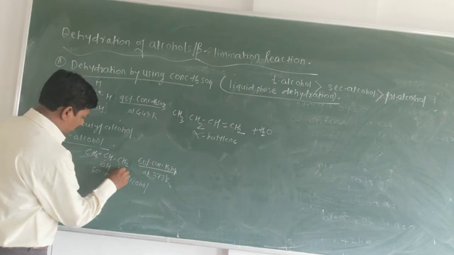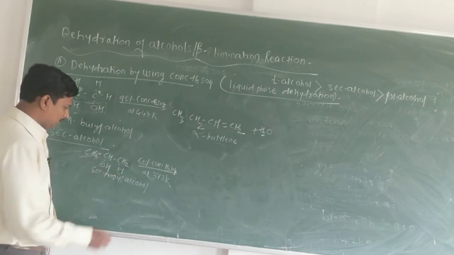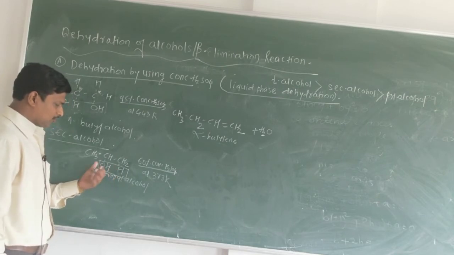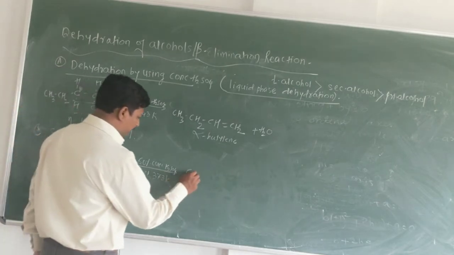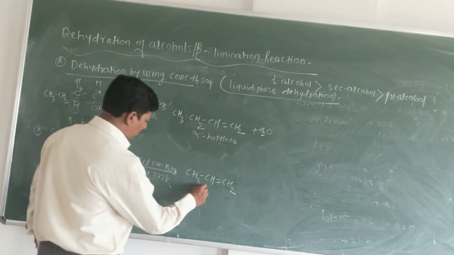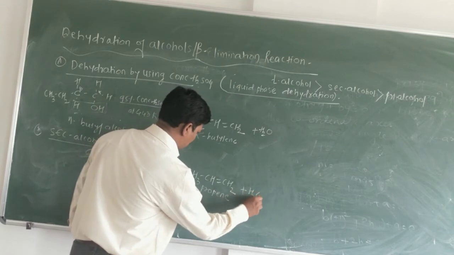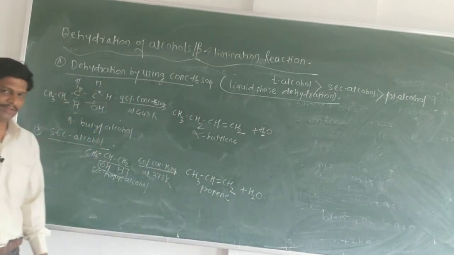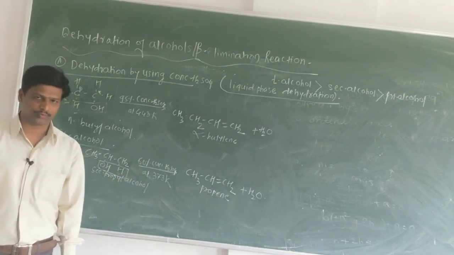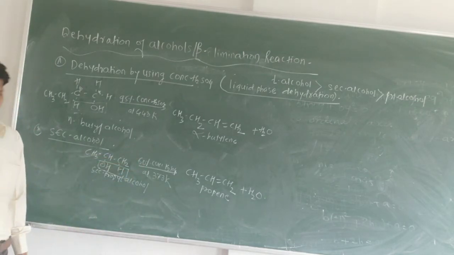For simplicity, in place of this CH3 I have taken CH2H. So from this CH2 the hydrogen atom and the OH group get removed, and CH3 CH double bond CH2 forms, and the name of the alkene is propene, plus H2O. Okay, so the reaction is like this: when secondary propyl alcohol reacts with 60% concentrated H2SO4 at 373 Kelvin temperature, it forms propene. Okay, understood?